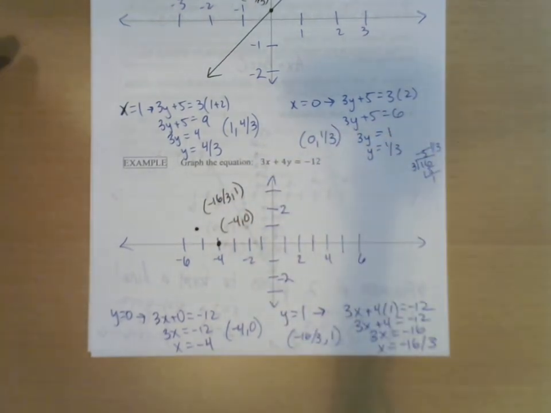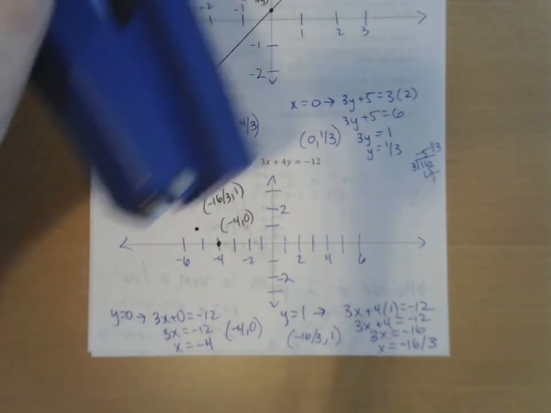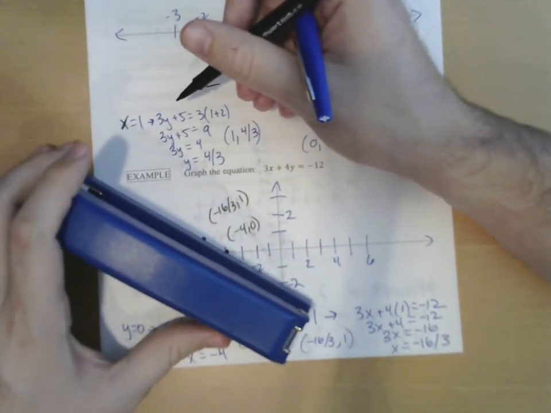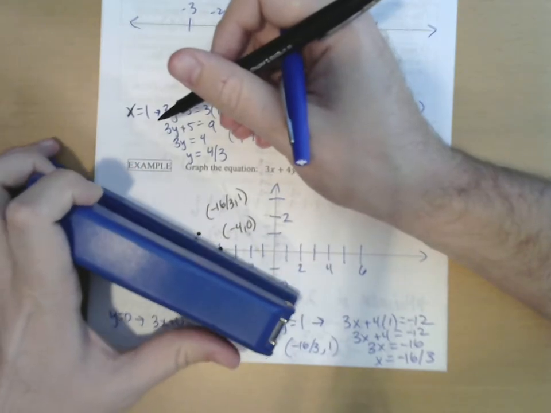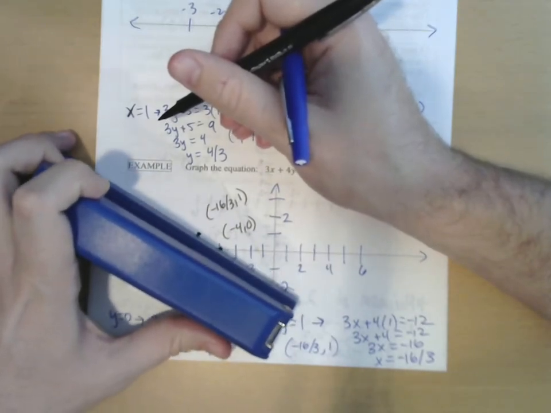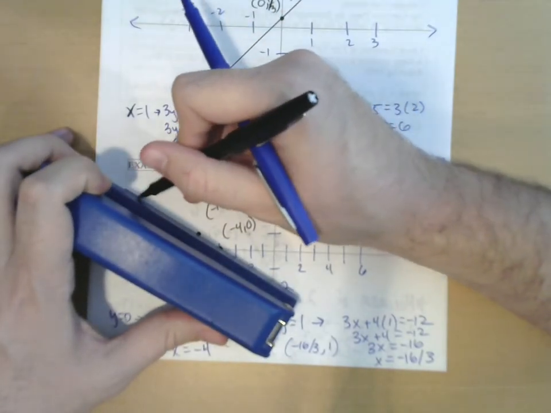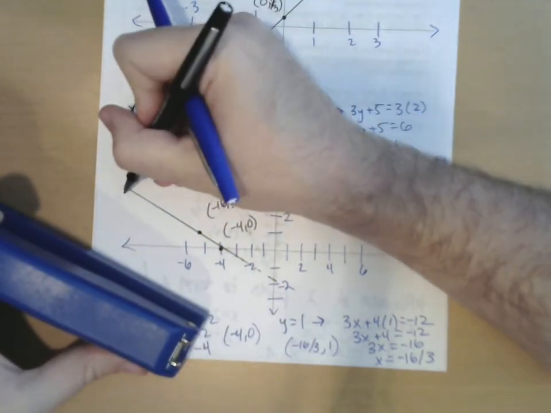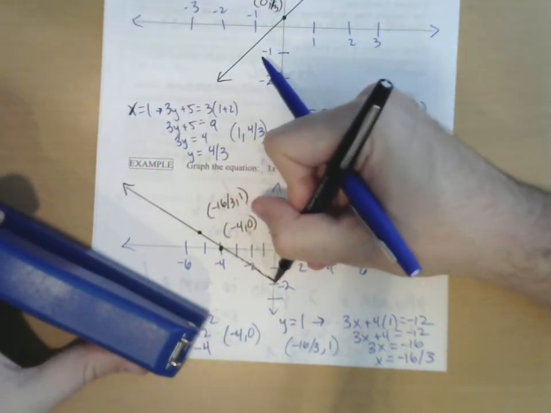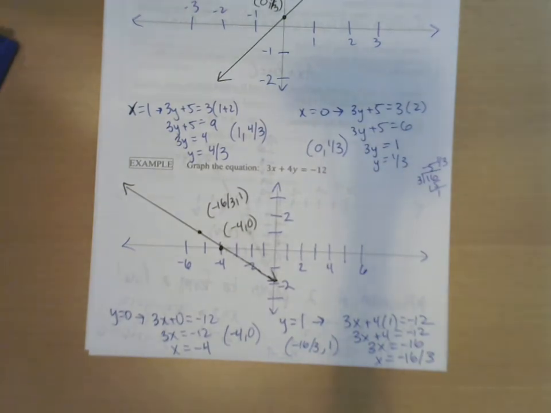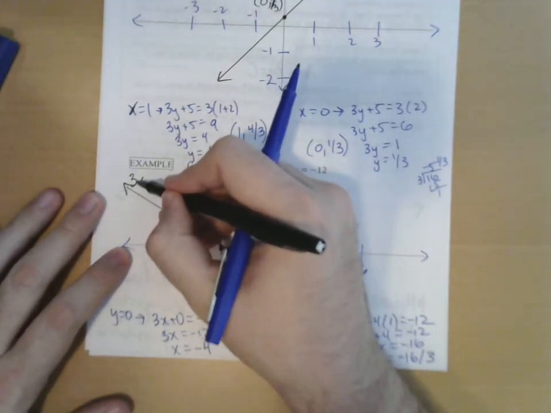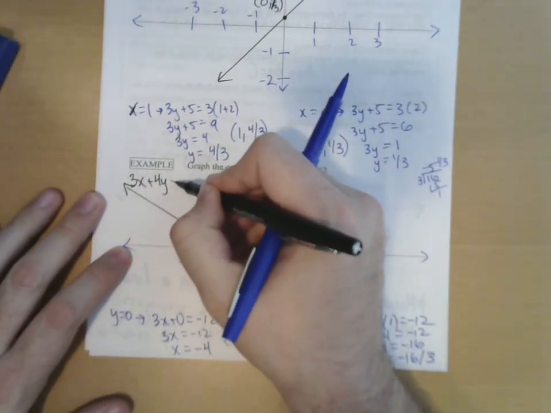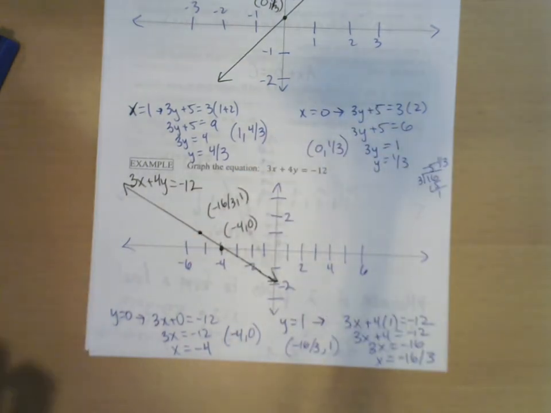And again, I put the point on the graph so that no one needs to guess, even if I'm a little off or my plotting isn't perfect. It's labeled so everyone knows what it's supposed to be. And I'm just trying to get close. And then got my trusty straight edge here. Make my line and label it 3x plus 4y equals -12.